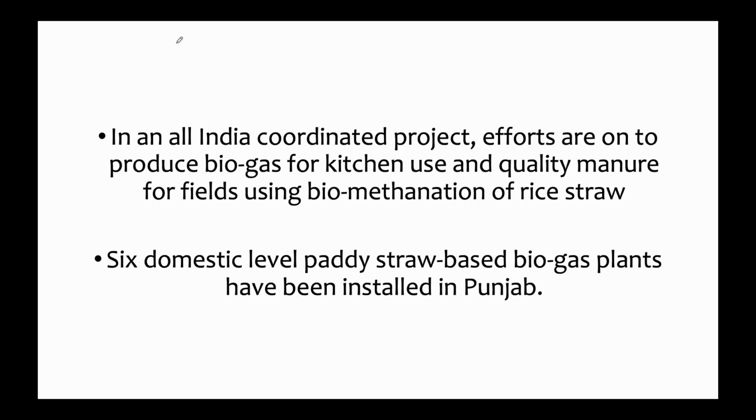See, in what context are we studying this today: in all India coordinated project efforts to produce biogas for kitchen use and quality manure for fields using biomethanation of rice straw. So here we'll particularly talk about rice straw. This is by the anaerobic digestion method. Anaerobic means where there is absence of oxygen.